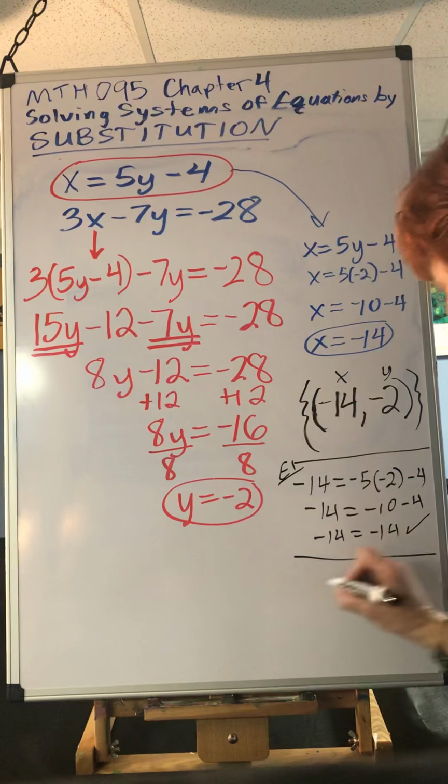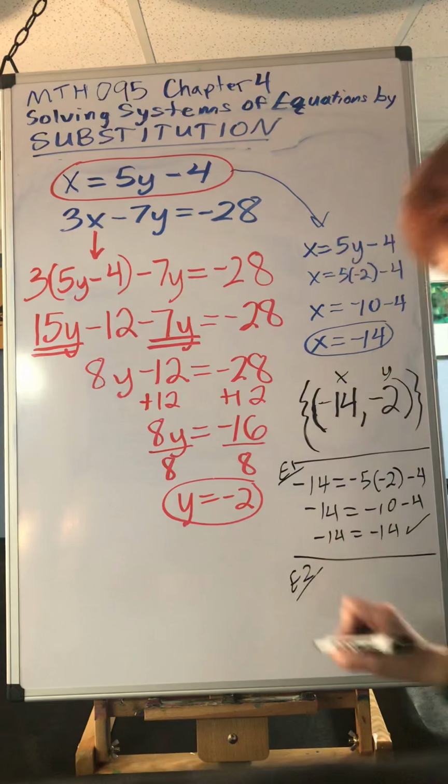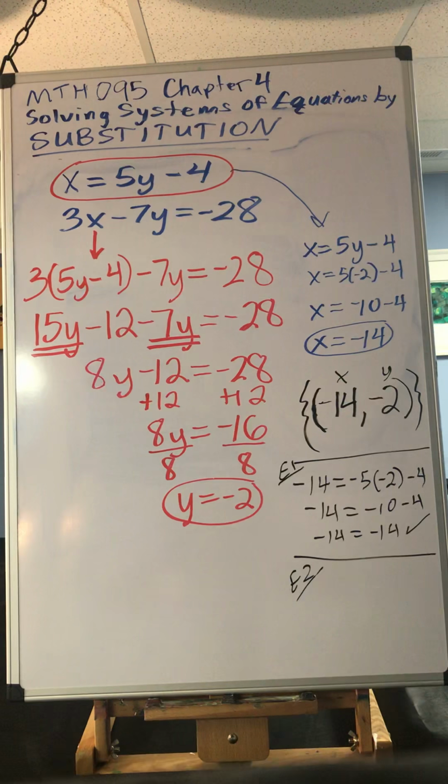We can also check equation 2. This is not mandatory, but it's good to make sure your answer is correct. The other equation would be 3 times x minus 7 times y, and we want to see if that's going to equal negative 28. It's a question until we do this.